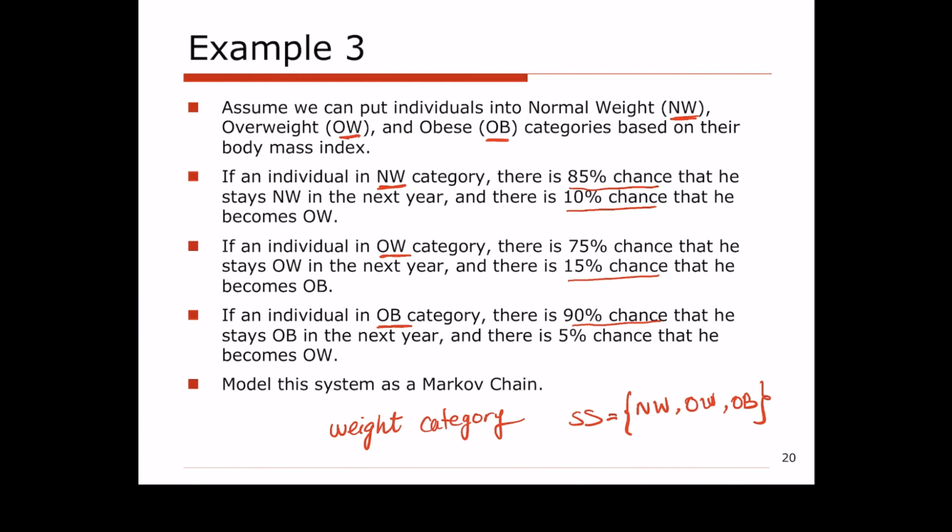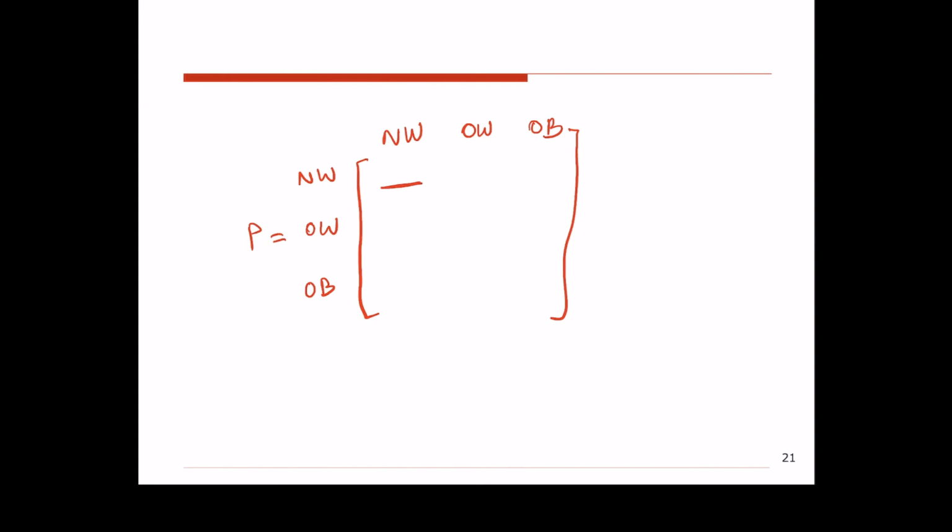Okay, so next we want to calculate the transition probability matrix for this one. I'm going to develop a transition probability matrix P, and this matrix is going to be 3 by 3. So now we want to put the probabilities. What is the probability that we have to put here? That means if we are at normal weight right now, what is the probability that in the next year we also stay in normal weight category?